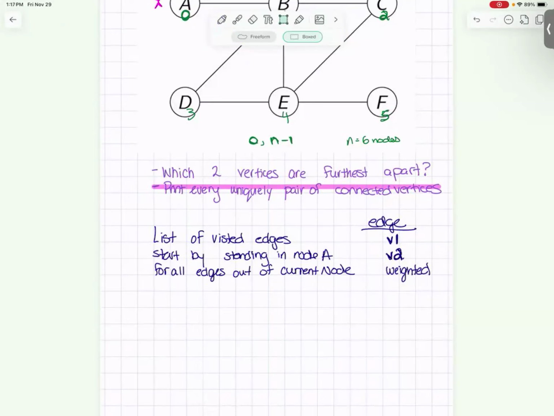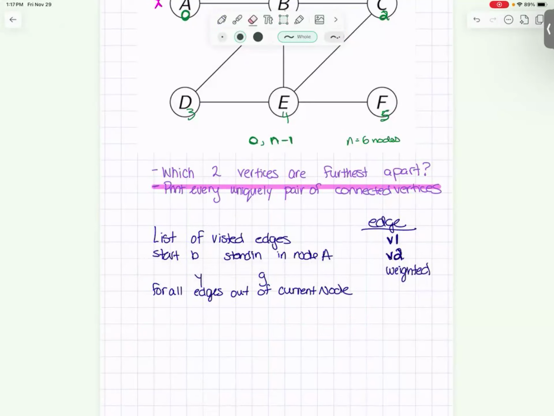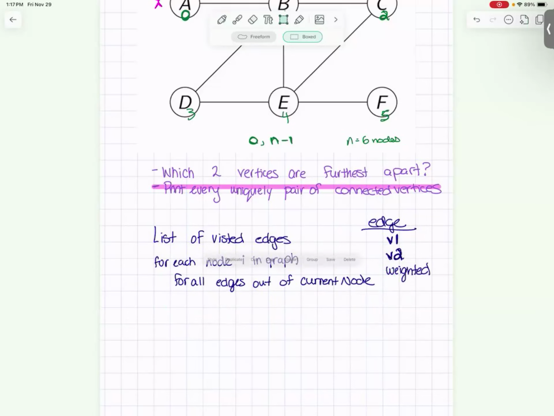This says start by standing in node A, but if I was going to write this more generically or more algorithmically, I would probably say for each node I in my graph, I'm going to look at all the edges coming out of my current node I. And I'm going to ask if the end vertex of this edge is a vertex I already know about.